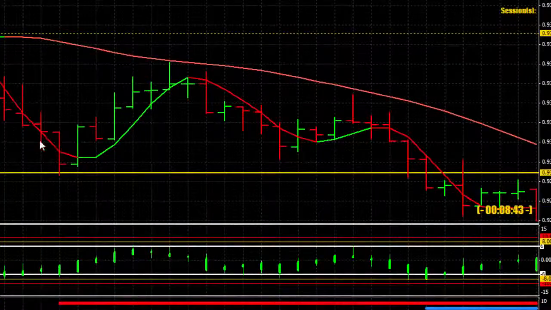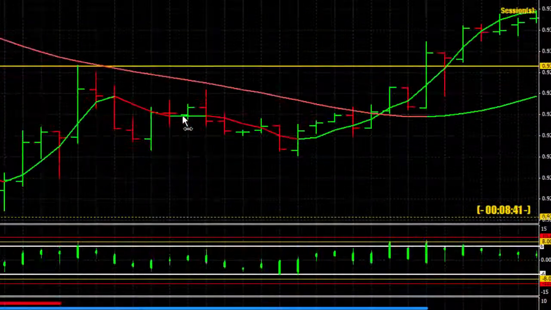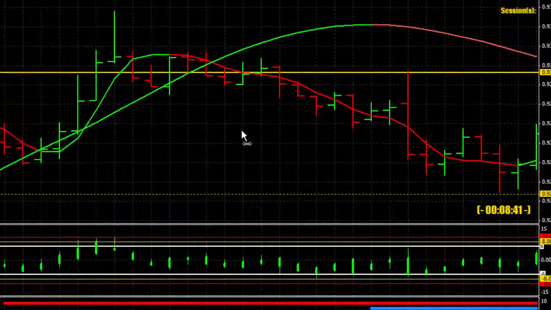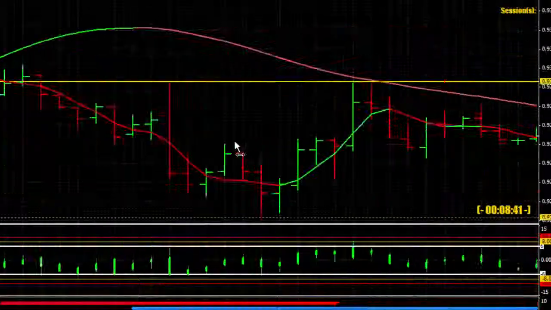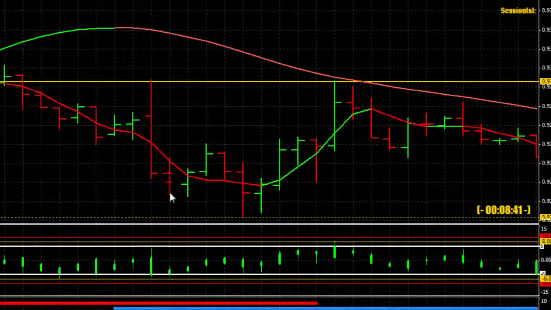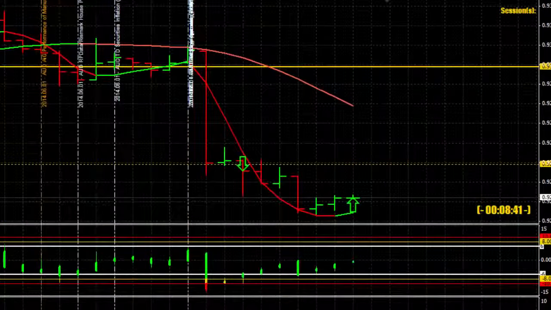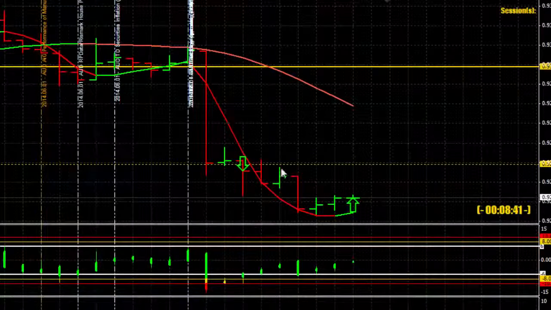I want to give a shout out to binaryoptionsdaily.com for that forum post. It's a very effective, very powerful strategy, very simple. I'm just testing this on a 15-minute chart, and I definitely think this could work on a 15-minute chart or higher time frames, because you want to be able to catch that momentum.